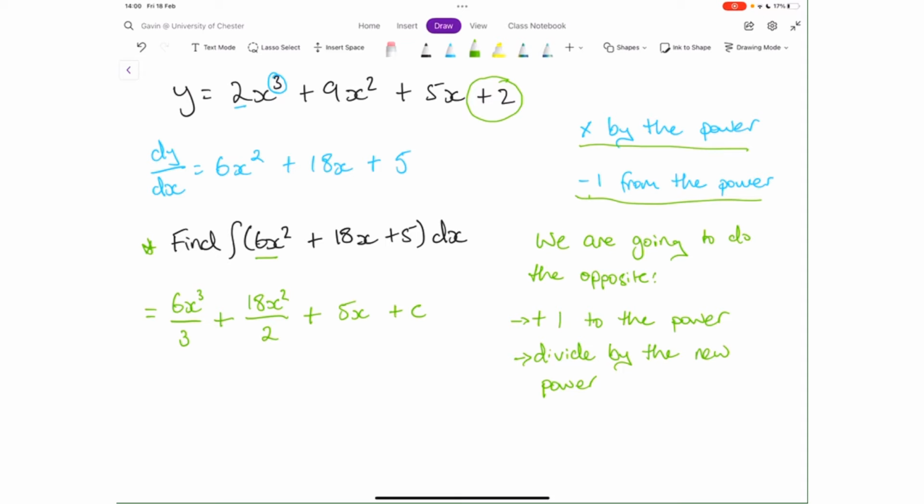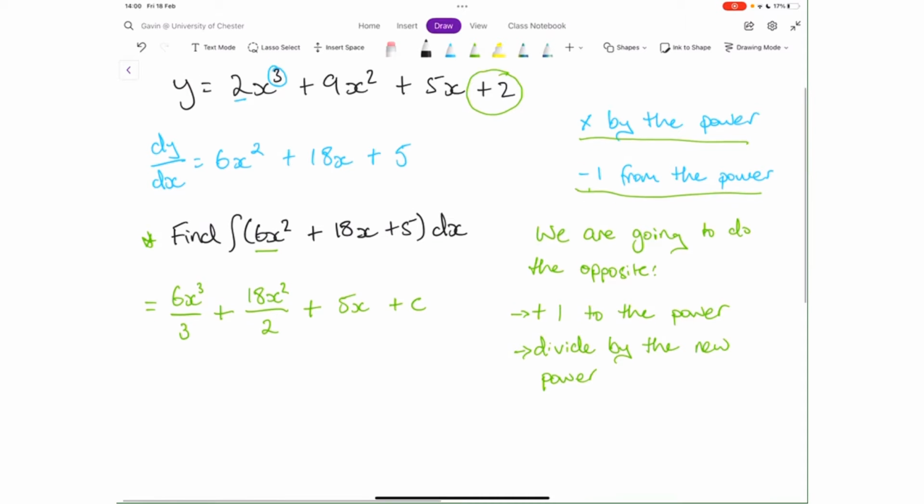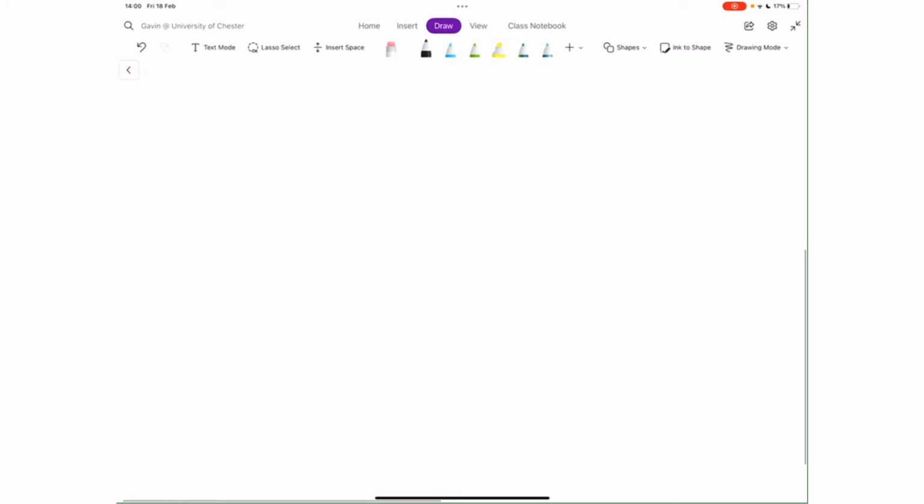So let's have a look at some more examples now. Let's try and integrate this here. So find the integral of 9x squared plus 4x plus 5 with respect to x.